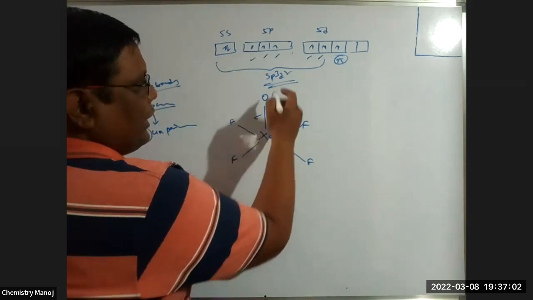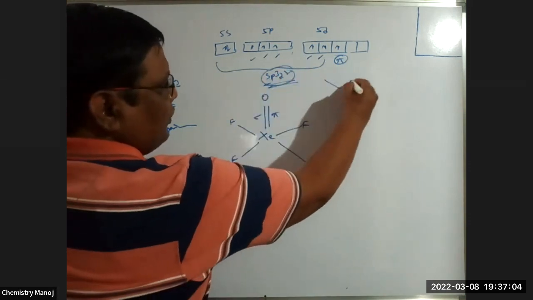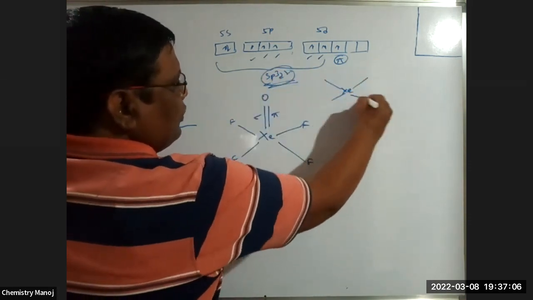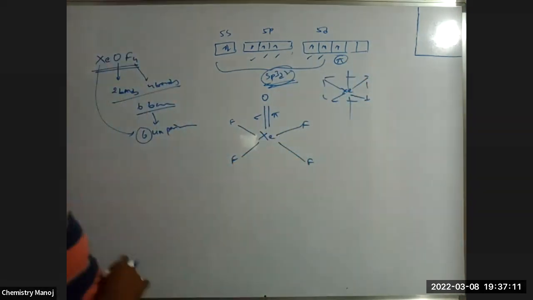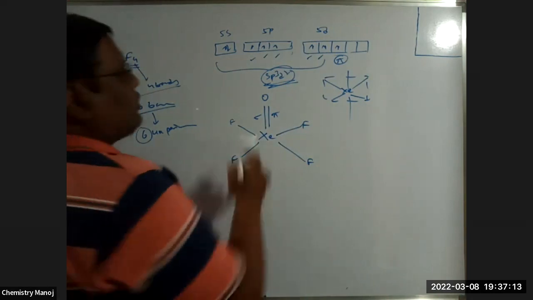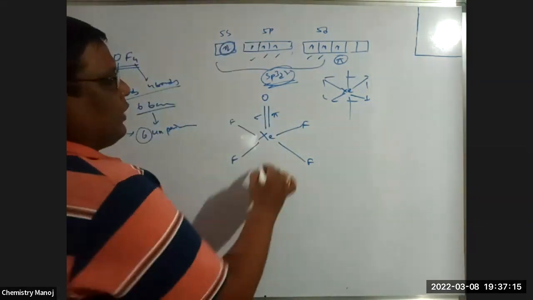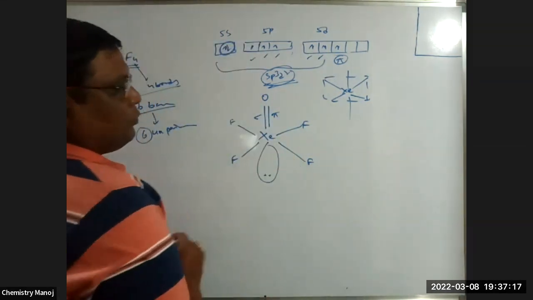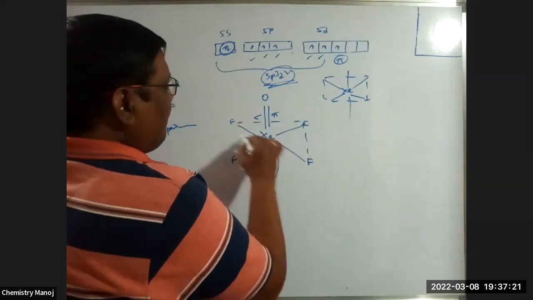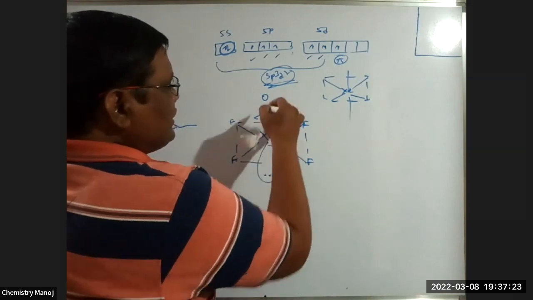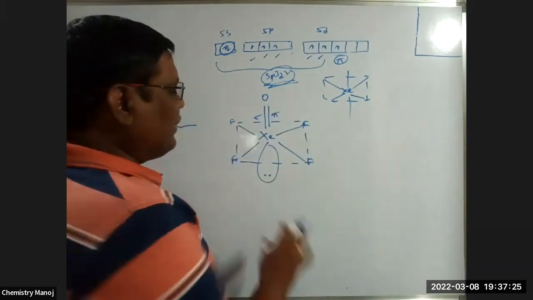Now sp3d2 is nothing but octahedral: a square, one above, one below. Xenon has one lone pair, which is here. Actually it is octahedral, but it is not a bond.